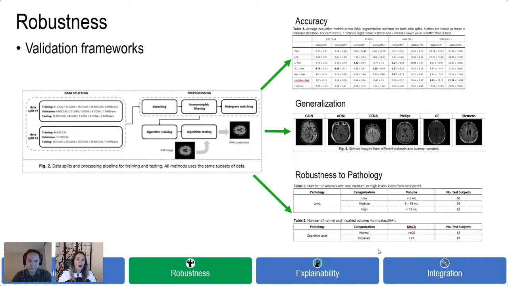Let's say I'm trying to measure ventricular volume. Some patients have normal ventricles, and the lateral ventricles are small, sometimes barely visible in certain slices, whereas somebody with advanced dementia or Alzheimer's would have large ventricles. So you want your tool to work equally well for less diseased patients as for diseased patients.